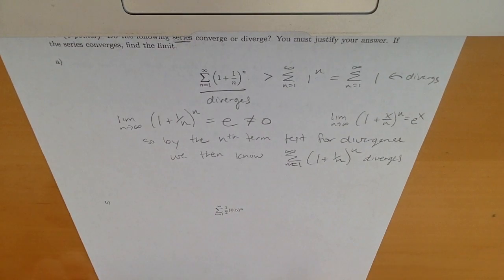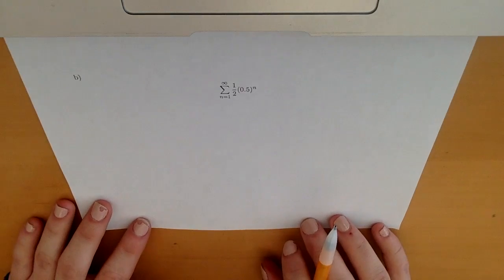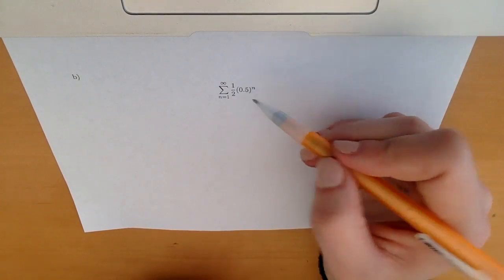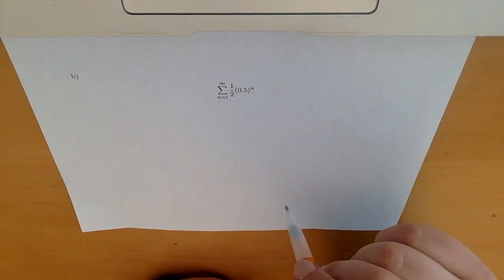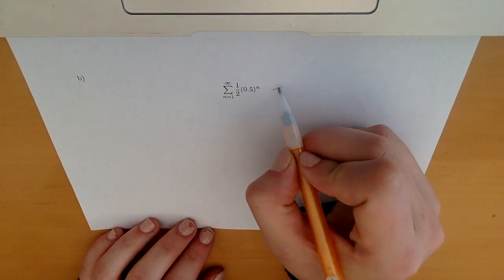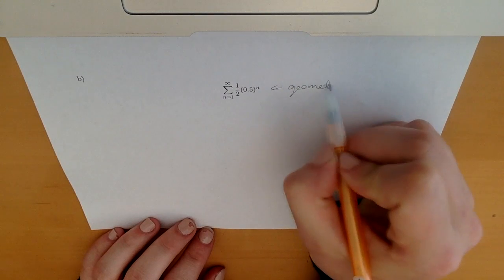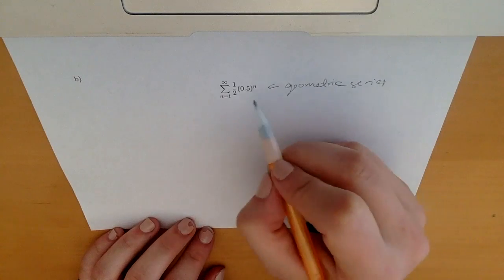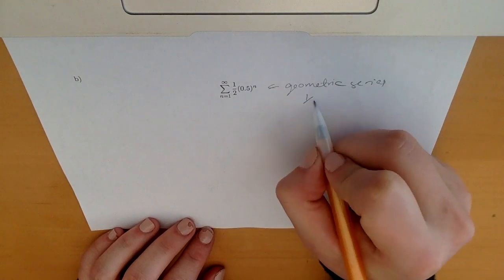Okay? Now, the second one is the summation from n equals 1 to infinity of 1/2 times (1/2) to the n, right? 0.5 is just 1/2. Now, first of all, we should recognize that this is a geometric series. If you're confused, try writing out a few terms. So the first term, when n equals 1, is going to be 1/4.